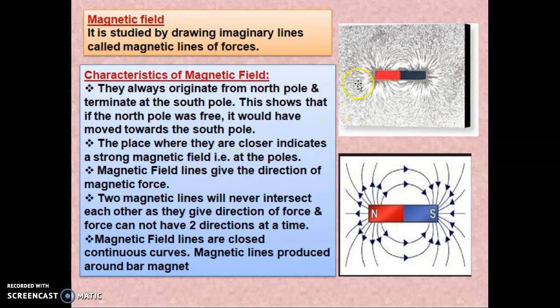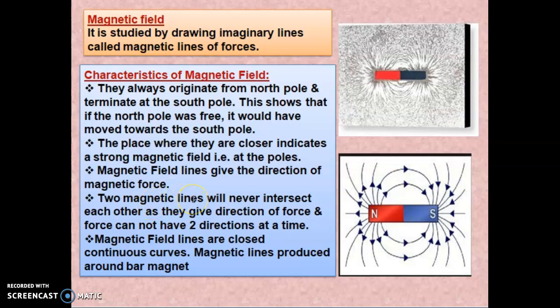You can see that at the poles, the magnetic effect is much stronger than on the other side. The magnetic field lines give the direction of the magnetic force. So using magnetic field lines, we can find the direction of force.